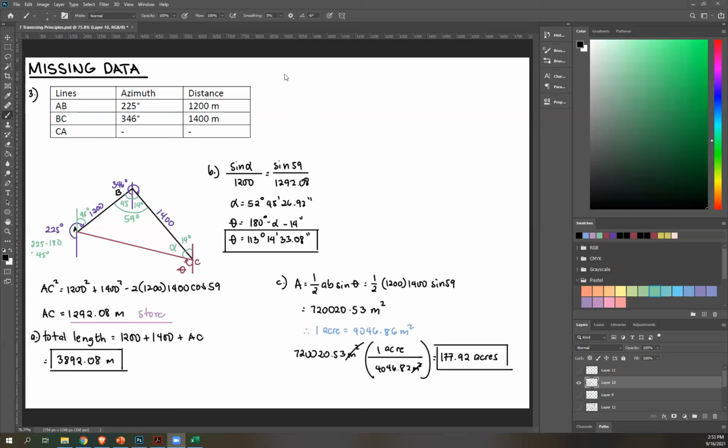Since you don't have any more questions, 86 or 82? Let's double check. Acre to meter squared. 86. Let's use 86. Ah, because I wrote it here. Okay. 86. Yeah.